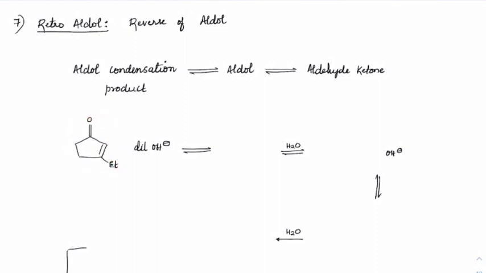Now on adding dilute OH minus, this OH minus will attack here, and this pi can shift here as a carbanion. So as the carbanion forms, you can see the double bond O, the carbanion here with Et and OH. Can you see it is more like a Michael's addition now?